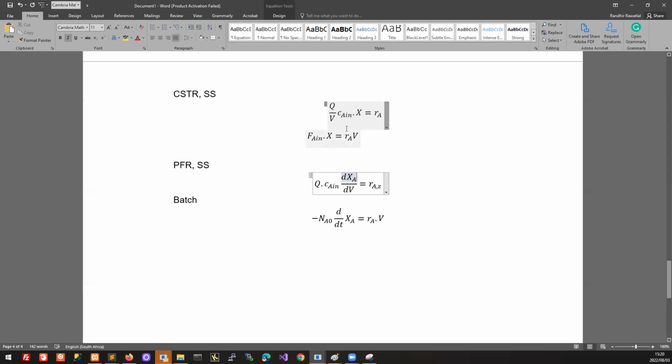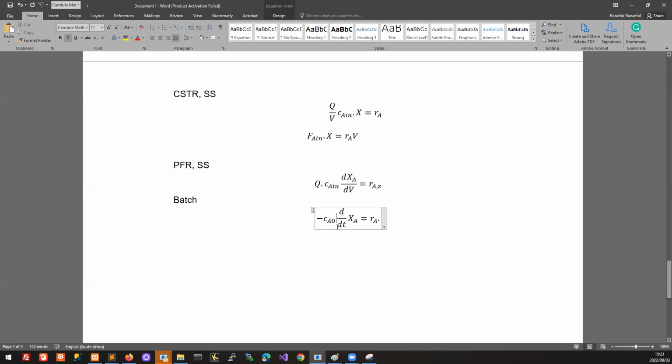Right, then if you look here and you look here, you can see how similar these two equations look. You've got an RA out here, you've got a Q and a V in those positions. In this case, it's a dV. You've got a CA in and an X here, like that. Right, and similarly, we could do this here. So if we divide this by V, then of course, this is nothing but CA naught.